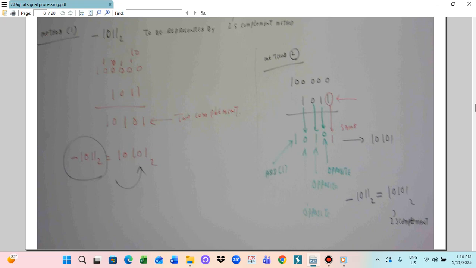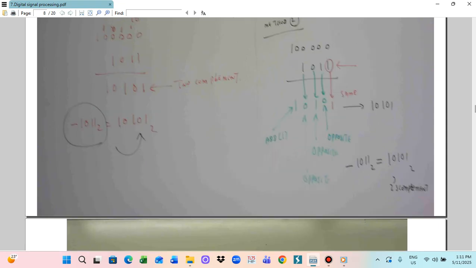Finally add a 0. So this is a 1 0. Write the opposite and add 1. So we get minus 1 0 1 0 base 2 is equal to 1 0 1 1 0 base 2. This is the two's complement method.